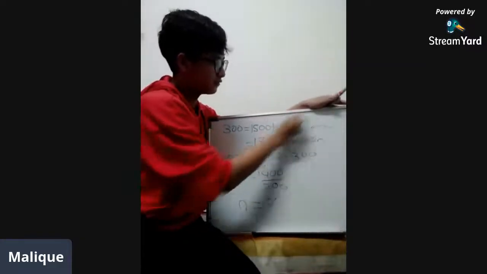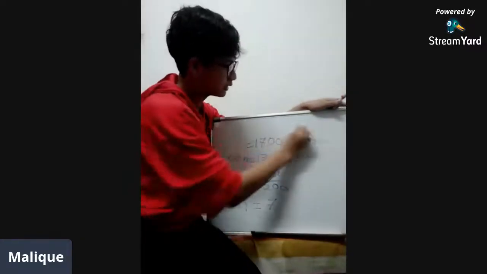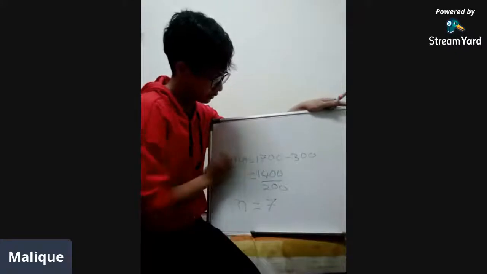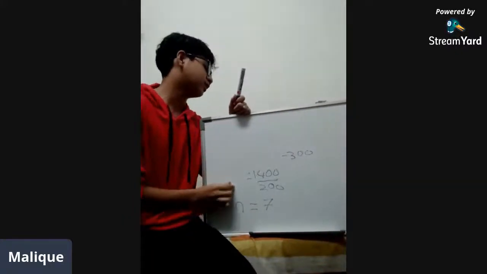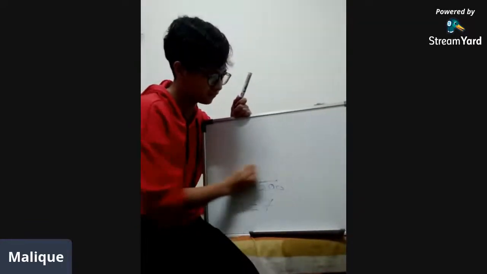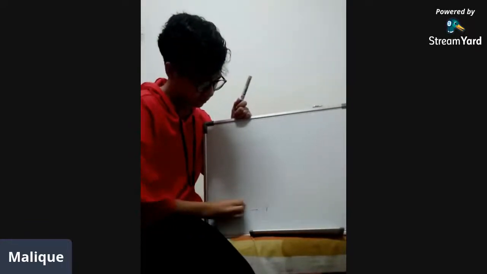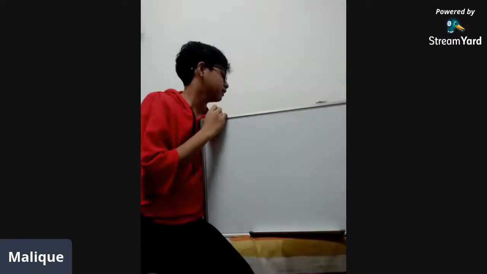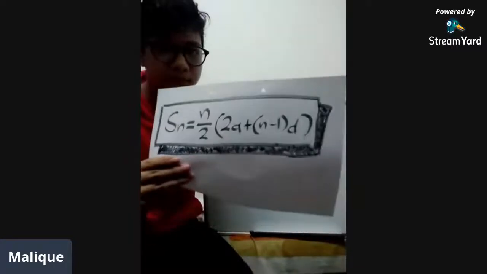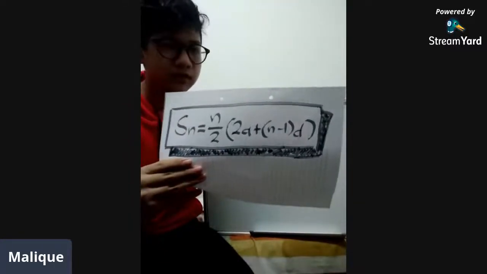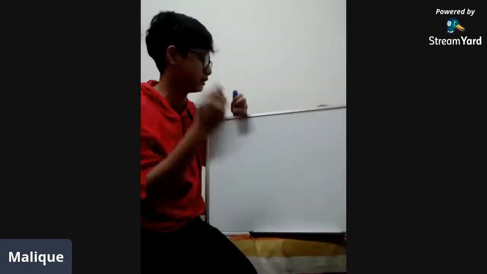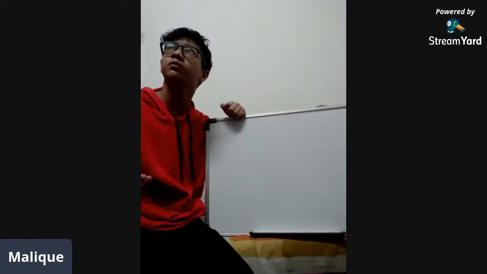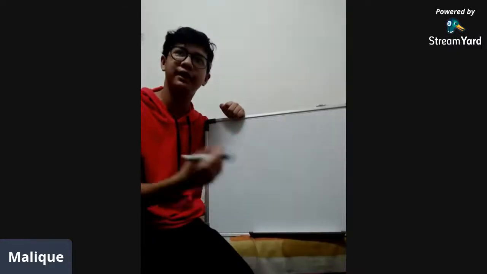And with that information, now we're going to count the total expenses of the food when there are only 300 chickens left. And by that, we're going to use this formula. By filling the formula with the information we got from the previous equation, n is now 7.